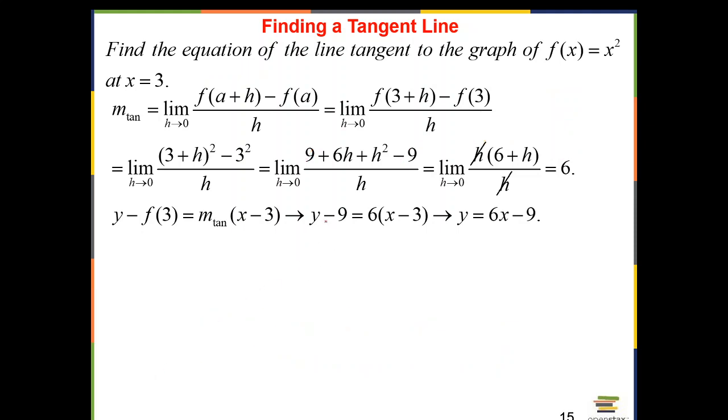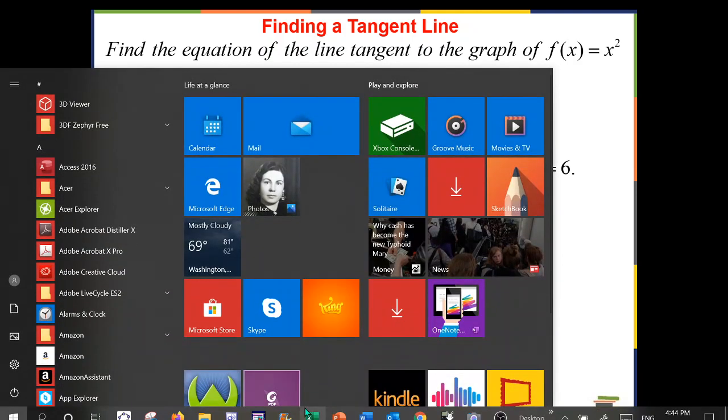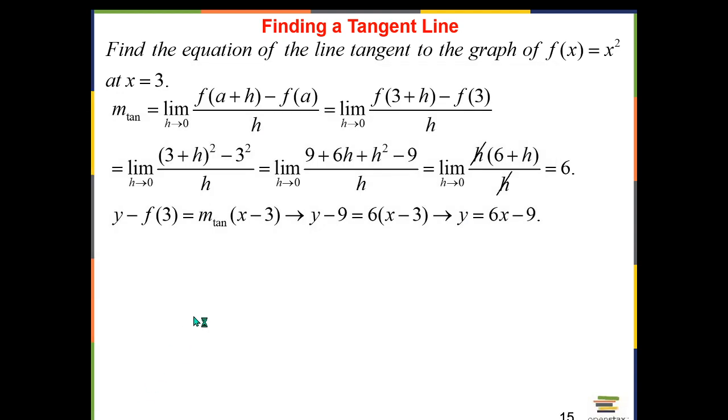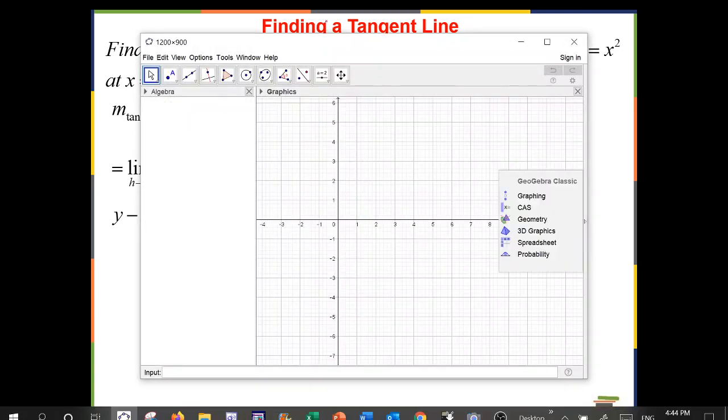Now, of course, we can use technology. You can use a calculator or GeoGebra again, very useful. Let me see.